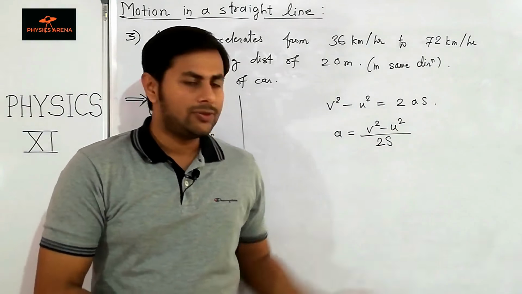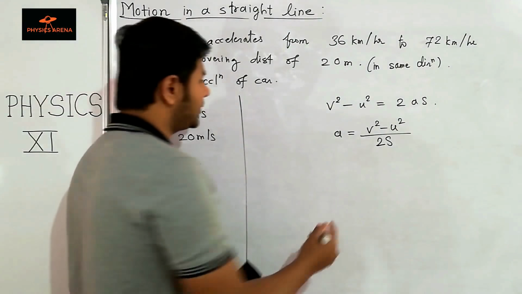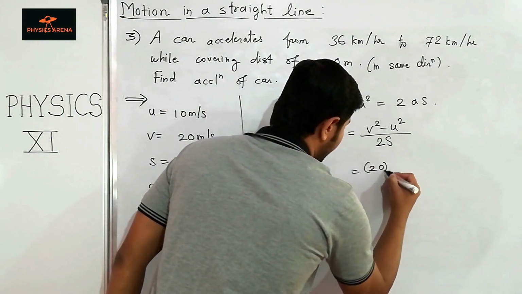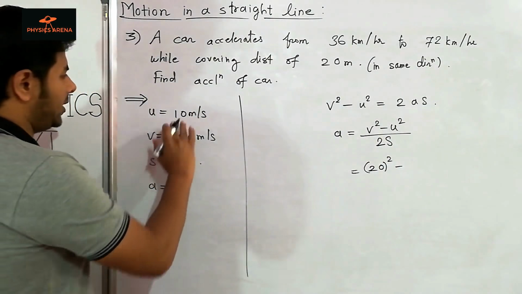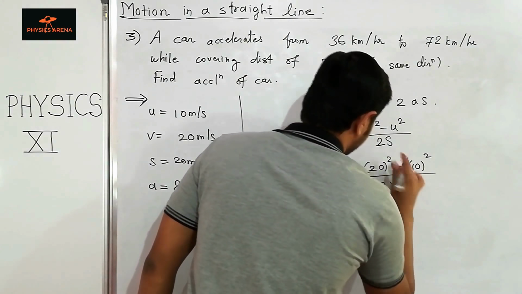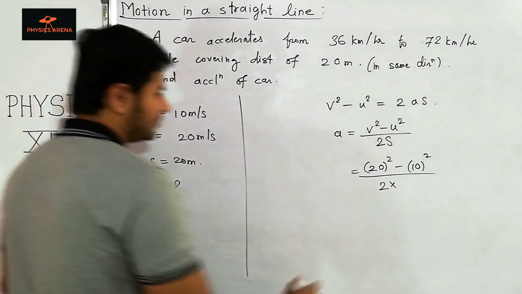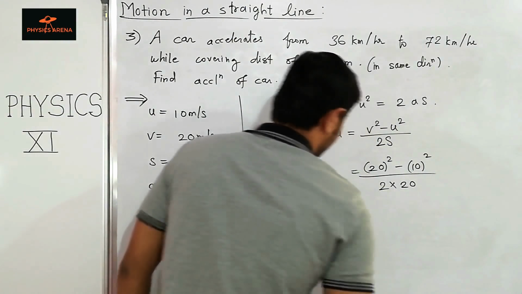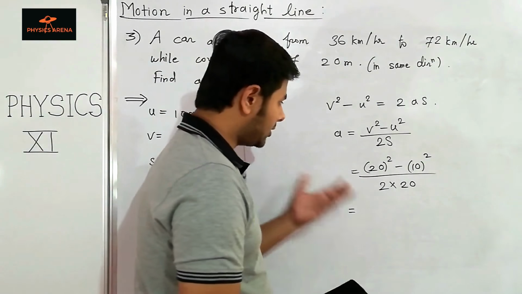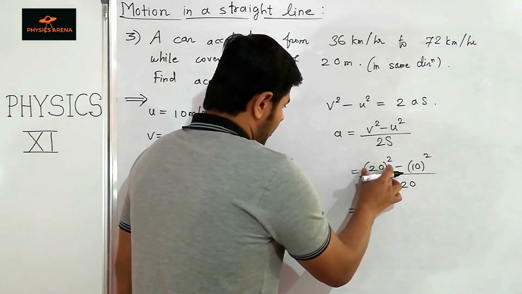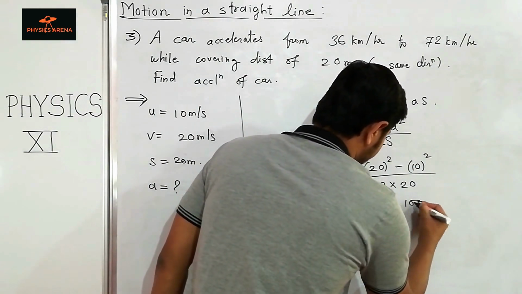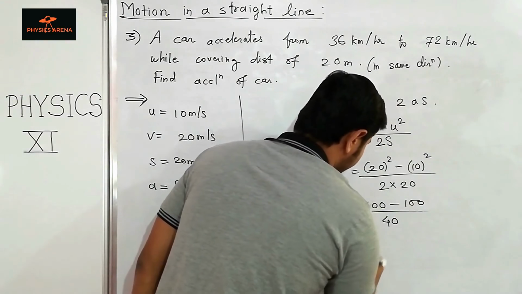Now let's substitute values. v is 20 meters per second, so 20 squared, minus u, which is 10 meters per second, so 10 squared, divided by 2 times s, and s is 20. Let's solve this. 20 squared is 400 minus 100, divided by 2 times 20, which is 40.